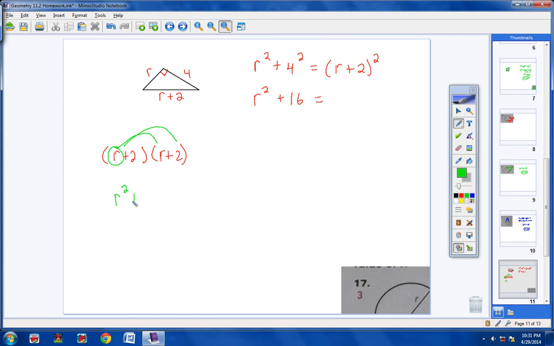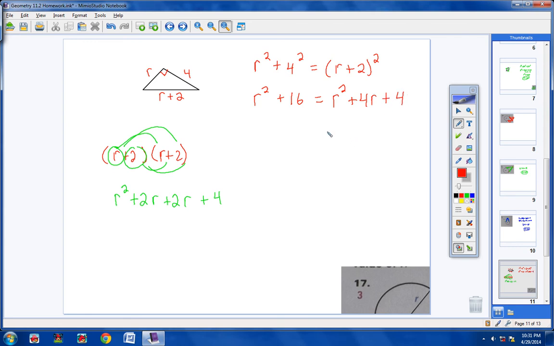R times 2 is 2R. Now you take your positive 2, and you multiply it through. So 2 times R is 2R, and 2 times 2 is 4. So what you're left with, if you combine like terms, is R squared plus 4R plus 4.